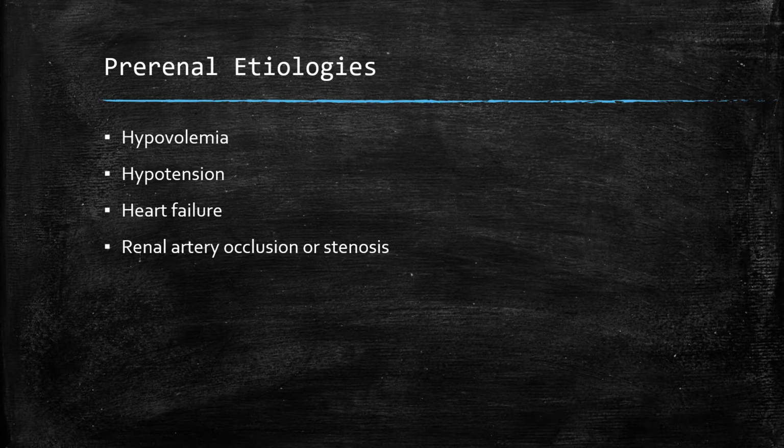On our service, hypovolemia and hypotension would be the 2 most common reasons by far. Occasionally, we'll have a patient with a post-op MI who develops heart failure and has poor kidney perfusion on that basis. And perhaps even more rarely, we might see a mechanical problem with the renal artery, either an occlusion or a stenosis.